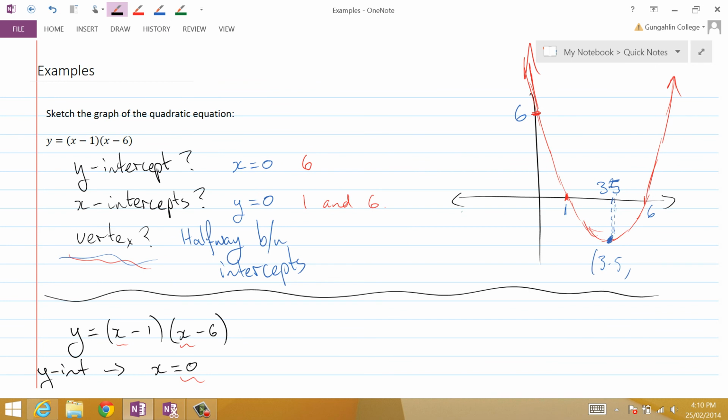So this, in fact, is going to dip all the way down to minus 12.5, and that is going to be the location of the vertex. If we've done a sketch like this, that will be fine. We've shown our two x-intercepts, we've shown our y-intercept, and we've shown the coordinates of the vertex.